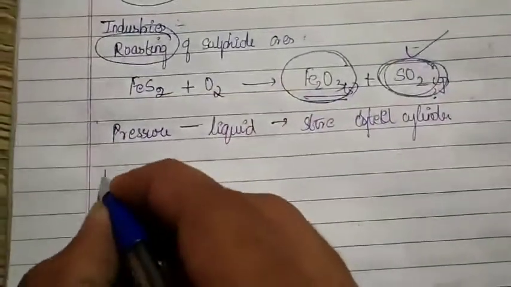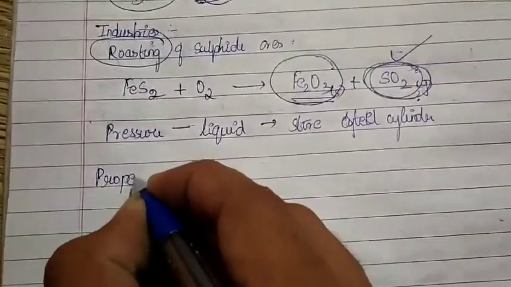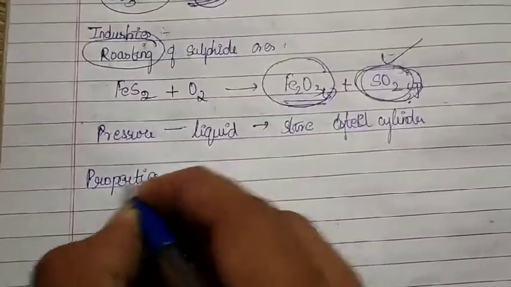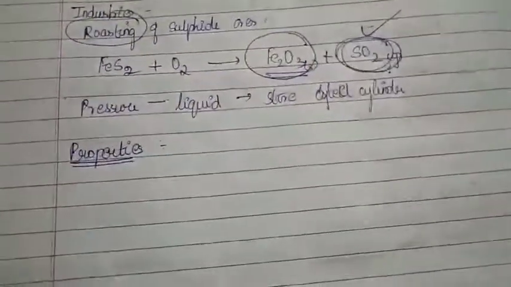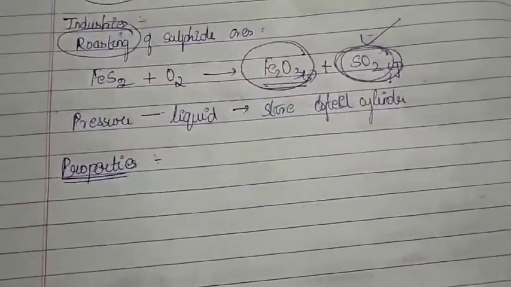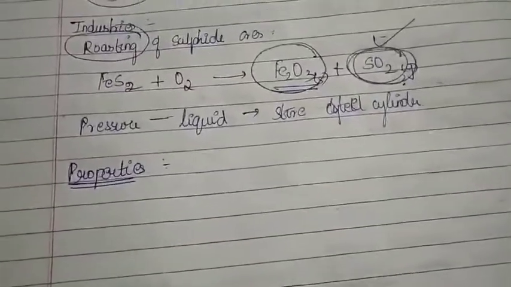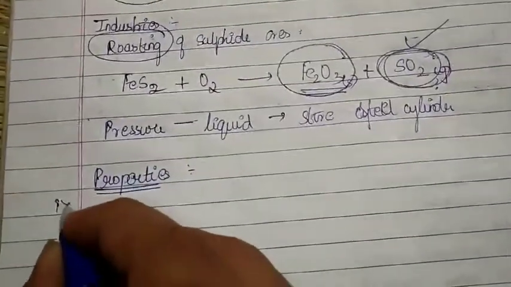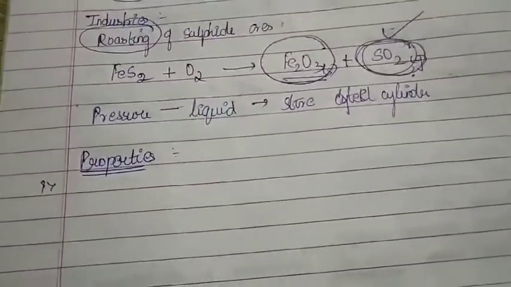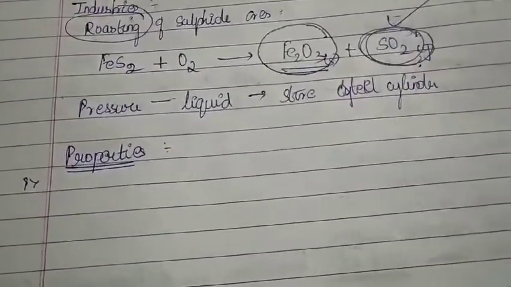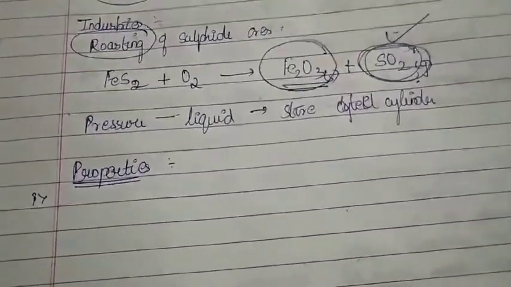So coming to the properties of SO2, very much important. I would mainly deal with some important properties which involve certain important reactions. The first important property we are going to study is what happens when SO2 reacts with water.